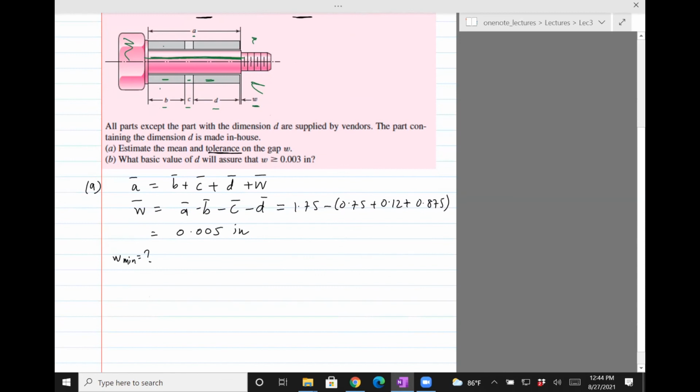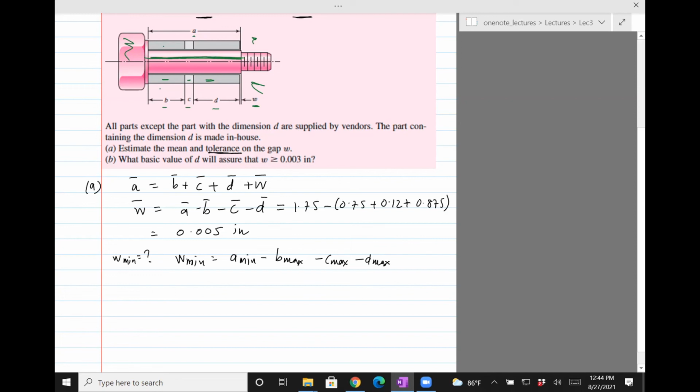So one way to find the minimum is to take A minimum minus B maximum minus C maximum minus D maximum. Okay, are you convinced why that's true?